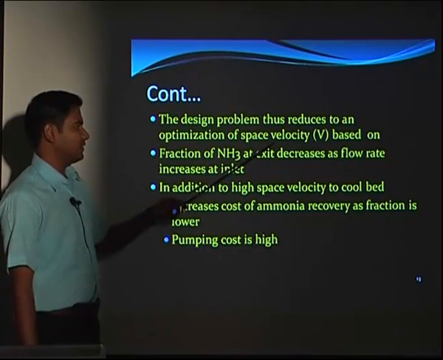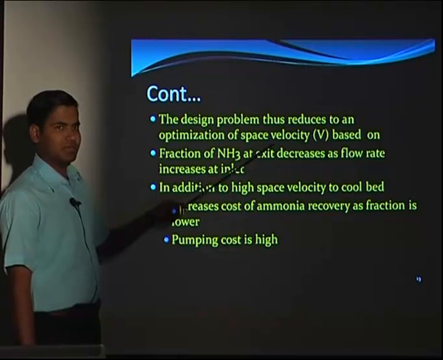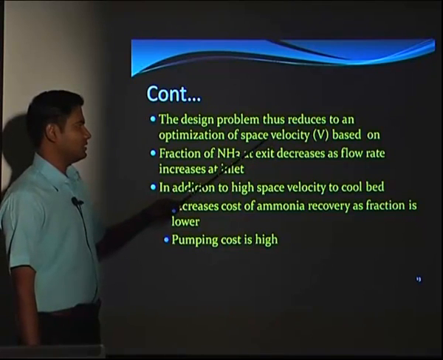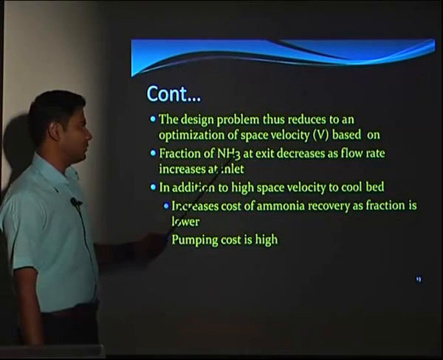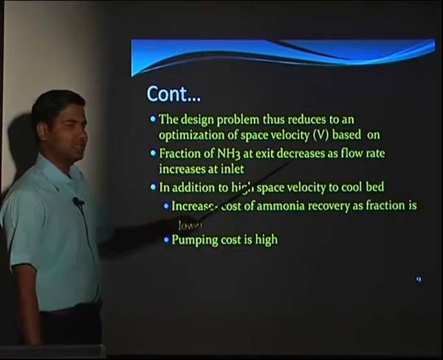So the higher the space velocity, the higher the conversion. But the problem is that if the space velocity or flow rate is very high, then the fraction of NH3 at the exit decreases.